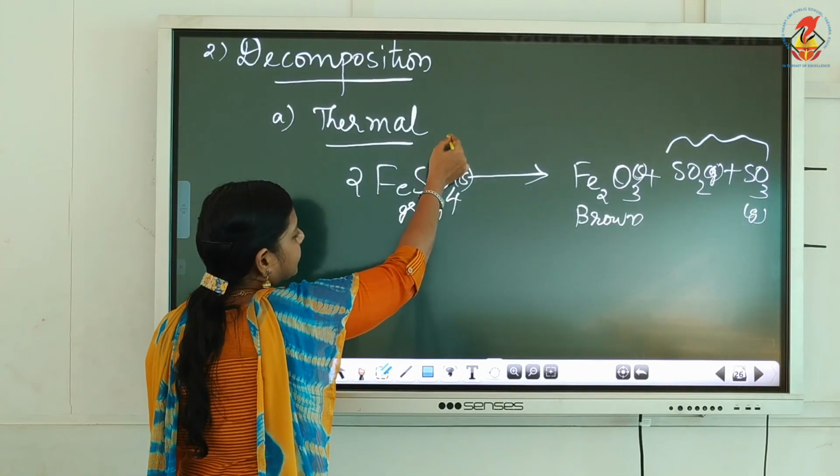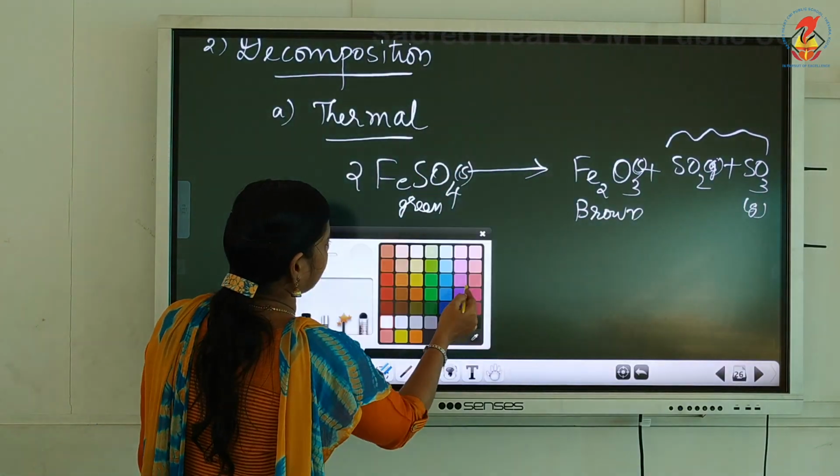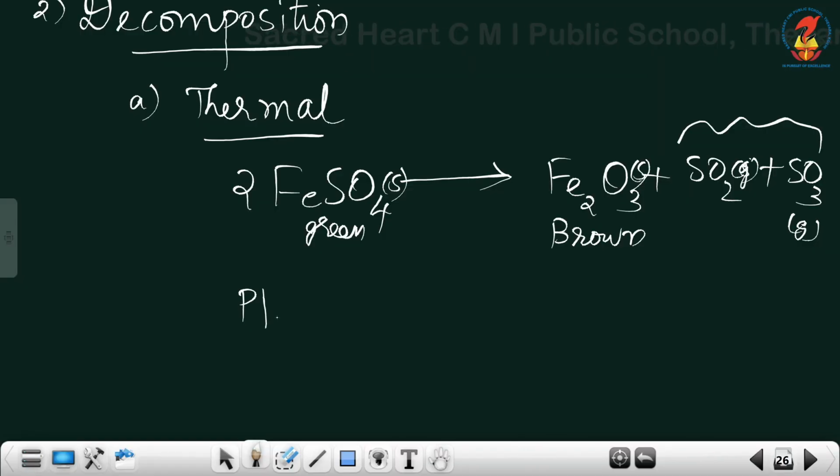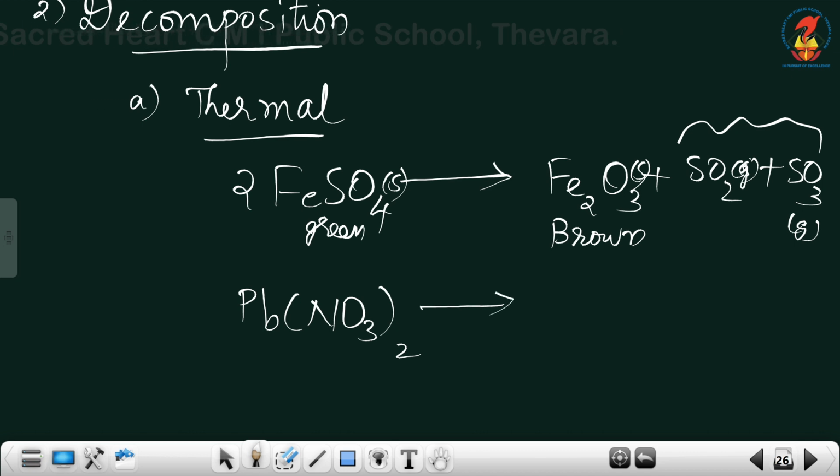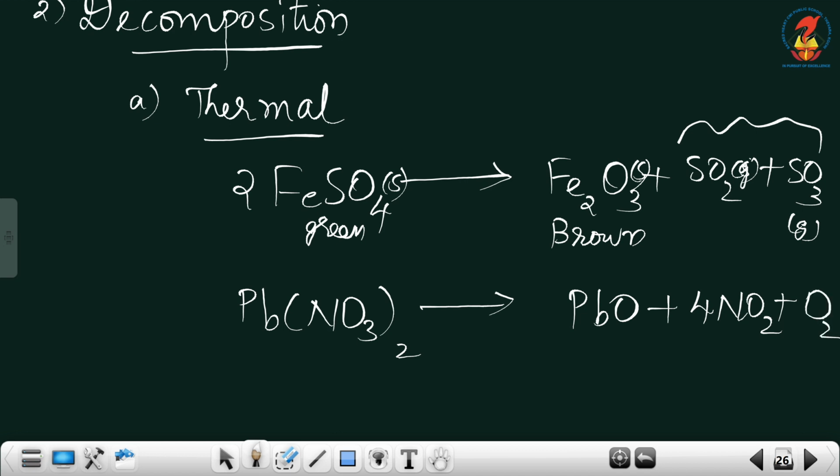Then another example for thermal decomposition is heating lead nitrate, Pb(NO3)2. On heating that lead nitrate we will get lead oxide, PbO, and nitrogen dioxide, and we will be getting oxygen also, O2, and we have to equate the nitrogen to 4.